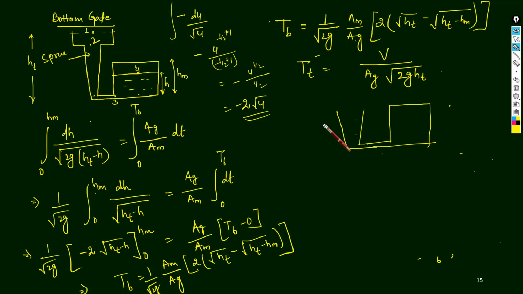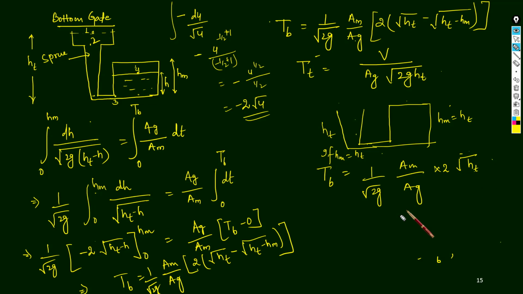Its height is the same, so this is ht and here hm is equal to ht. If we take this condition, then can we calculate TB? In this case, if hm is equal to ht, then what is TB? It is root under 2g, Am divided by Ag. What is this? This will become 0. So into 2 root under ht only will remain.